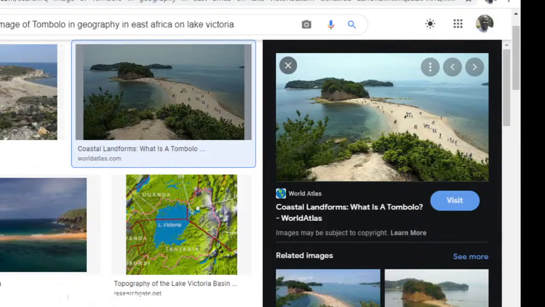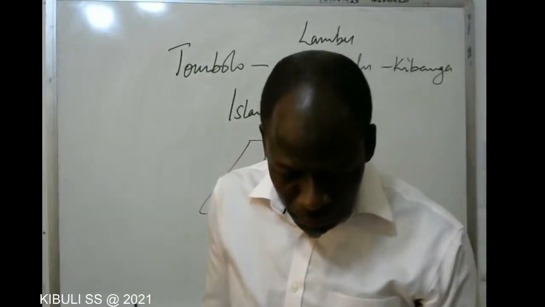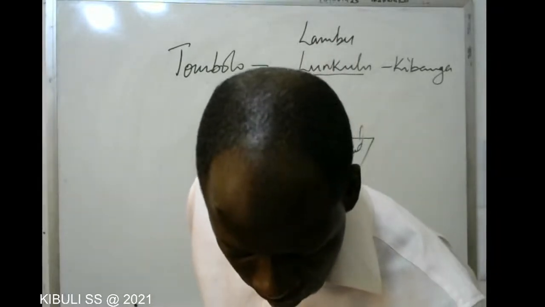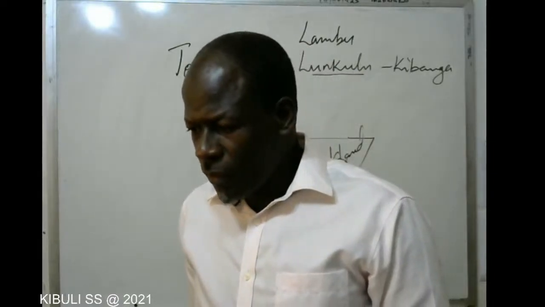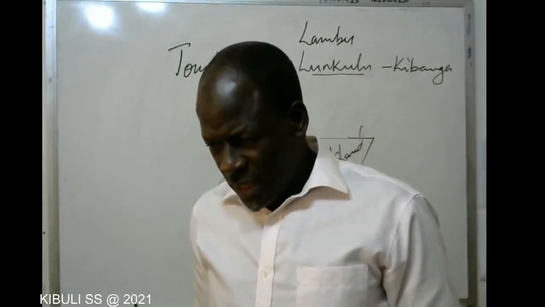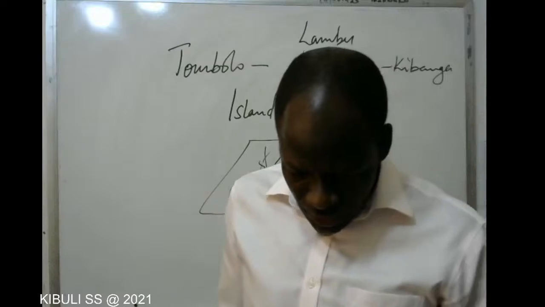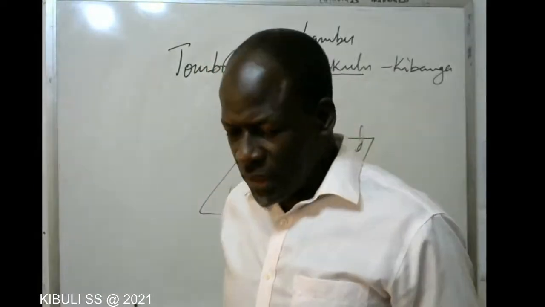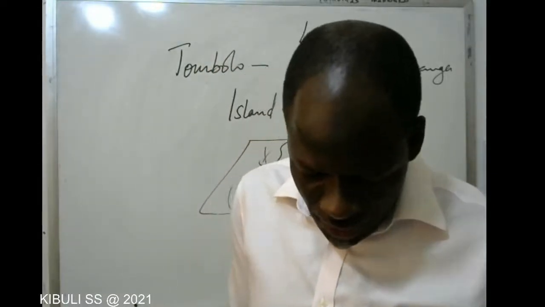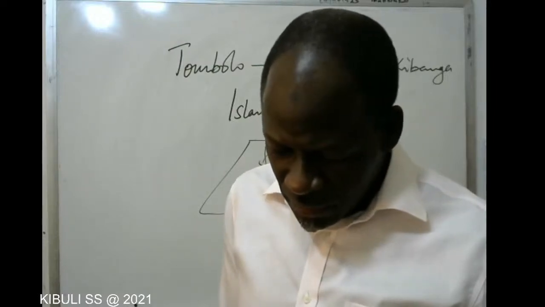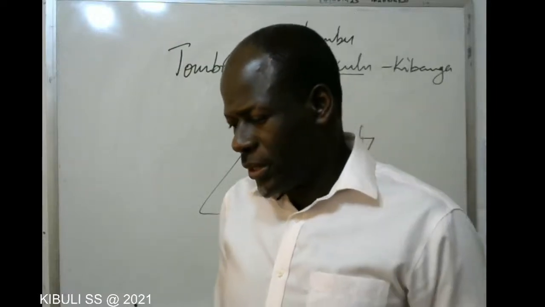I was talking about another landform formed by wave deposition, which is a mudflat. We can even simply say it is a platform. It is an area which is covered by mud and silt.